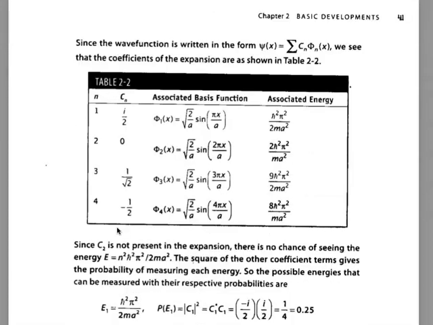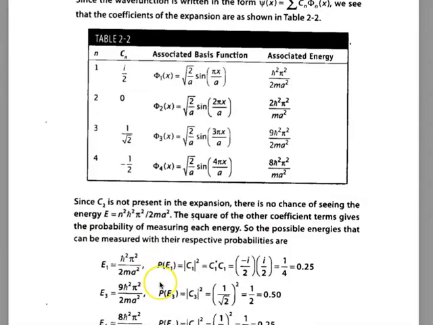Okay, so what does it mean then? Suppose we investigate the likelihood that the system, if you measure it, is going to have energy E sub 1, or be in the phi sub 1 state. That then becomes psi star 1 times psi.